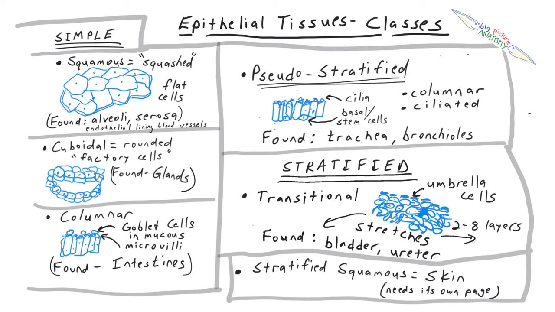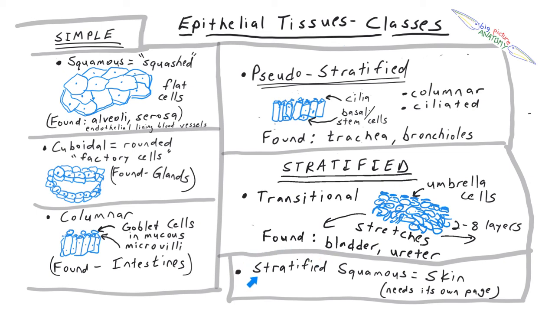This almost 8-cell-layer-thick epithelial tissue can stretch out to just 2 layers, always maintaining on its surface a perfectly impermeable tight junction connection, in part due to what are called umbrella cells on the surface of the epithelial cells, on the inside of the bladder where the urine would be located.